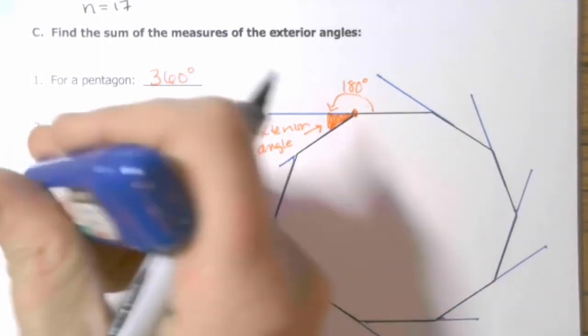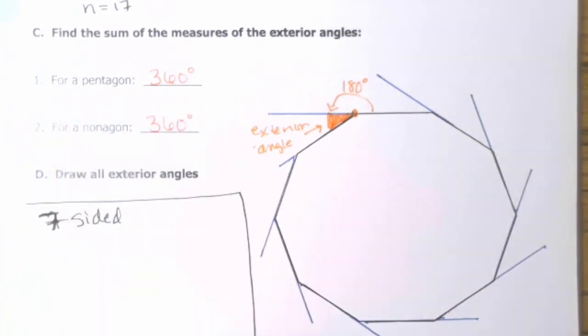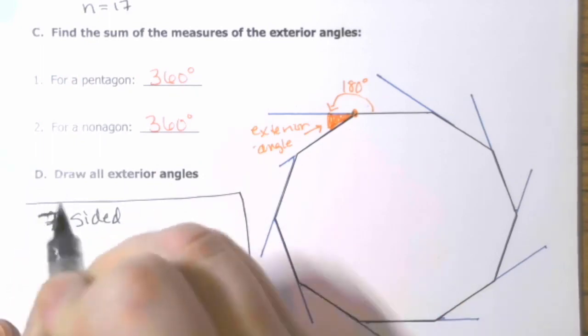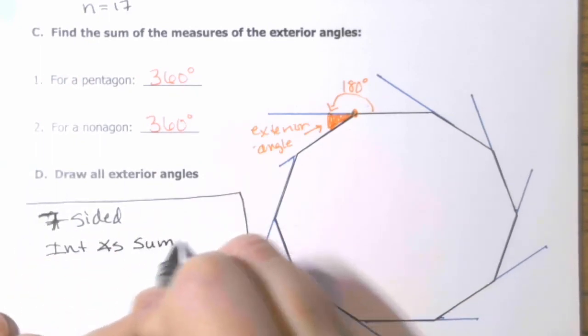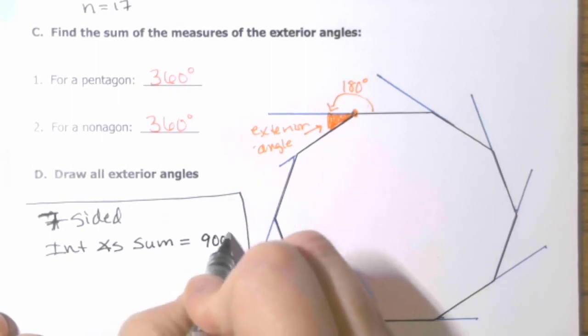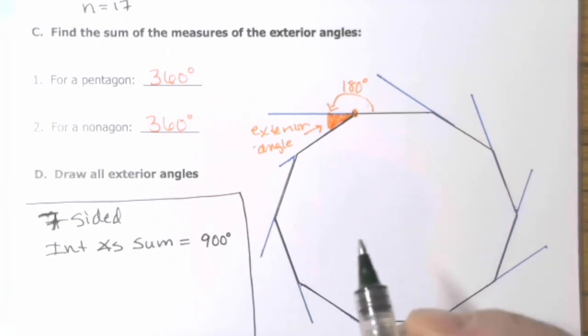And we know that our 7-sided figure has interior angles whose sum is 900 degrees. That's the sum of the interior angles. Let's say that they didn't know it was 7-sided.